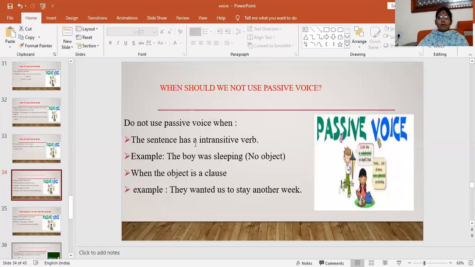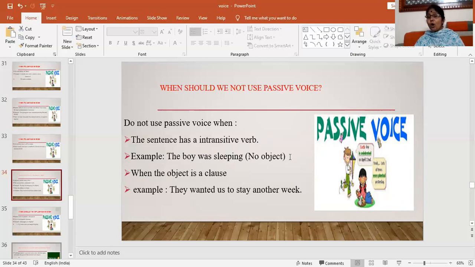Now, when should we not use passive voice? Do not use passive voice when the sentence has an intransitive verb. Now, be very clear, don't get confused. I said when the object is not visible, not important, then you can use passive voice. But when there is no object at all, then you cannot use passive voice. For example, say the boy was sleeping.